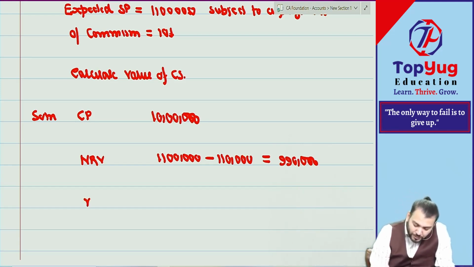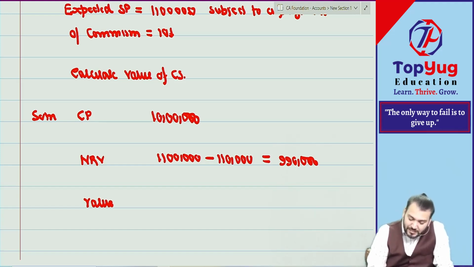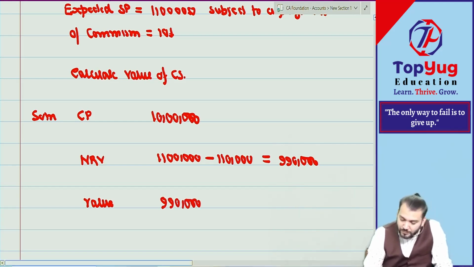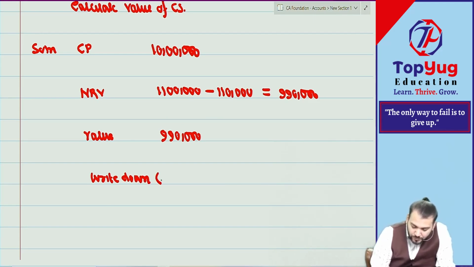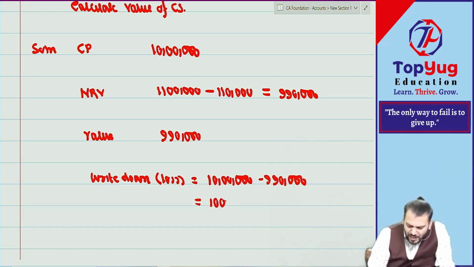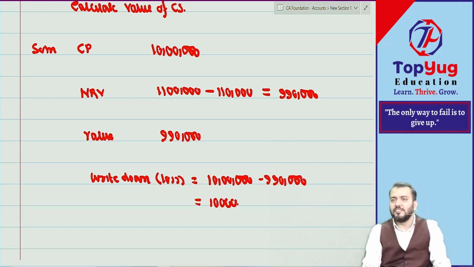So what is the value? Value will be 10 lakh or 9 lakh 90,000, whichever is lower. So how much is the inventory written down? Write down means loss. How much loss? 10 lakh minus 9 lakh 90,000. They may ask you to calculate the write down. So the write down is 10,000, which will be transferred to P&L as a loss.